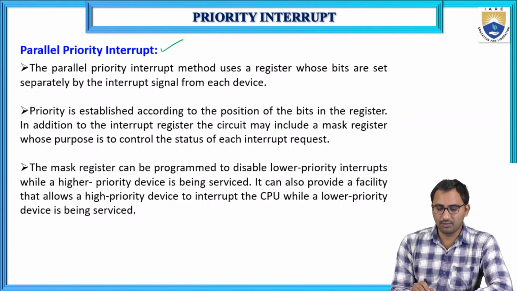In addition to the interrupt register, the circuit may include a mask register, whose purpose is to control the status of each interrupt request. The mask register can be programmed to disable low priority interrupts while the high priority device is being serviced. It can also provide a facility that allows a highest priority device to interrupt the CPU while the lowest priority device is being serviced.